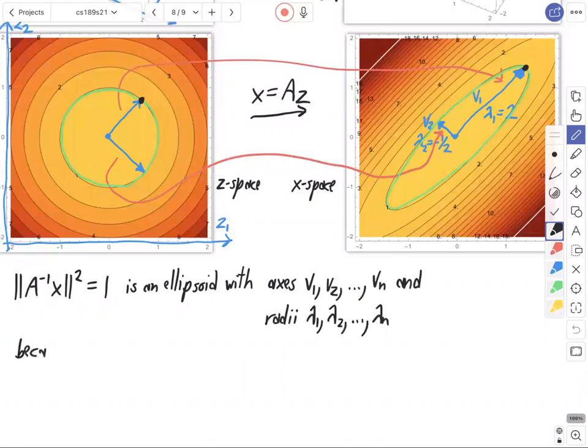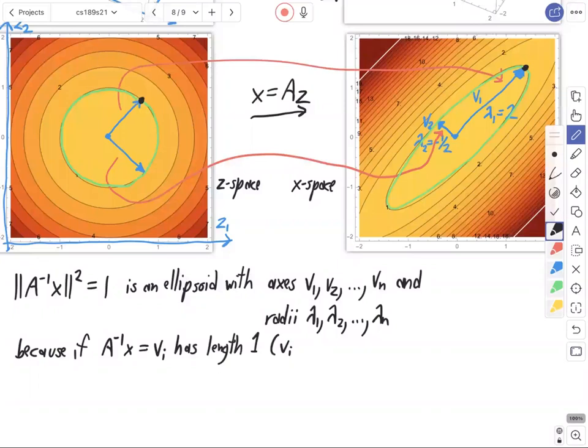And why is that true? Because if you pick an arbitrary eigenvector v_i, and since eigenvectors can be any length, let's choose the v_i's to have length 1 so that they're unit vectors. And then you set A inverse x equal to that unit eigenvector.